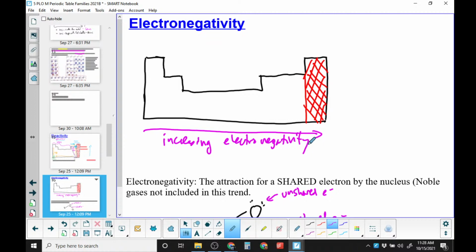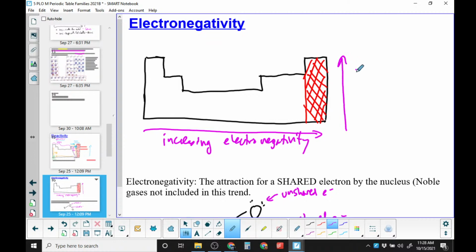Okay. Richard. Where's Richard? There you are, Richard. What is the trend going up and down? Wait, they haven't answered yet. It's randomly generated. So someone from your group, whoever the spokesperson is. The electronegativity increases upwards.